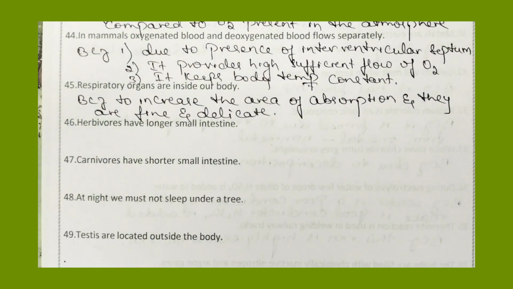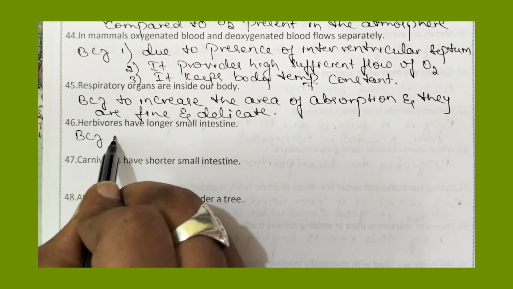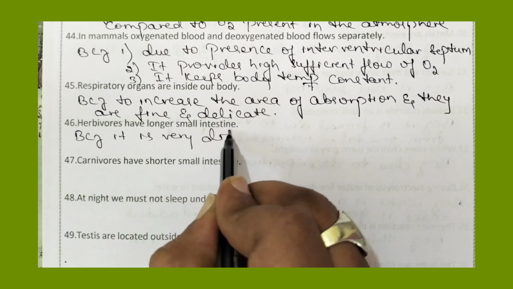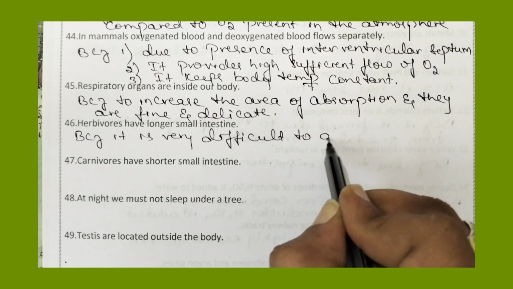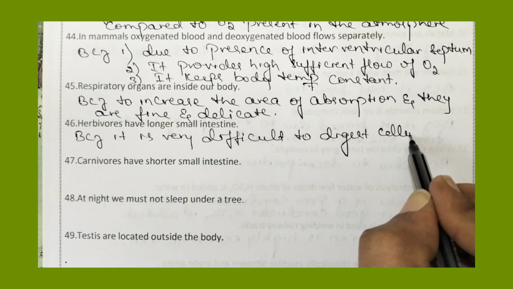Now let us move to question number 46. Herbivores have a longer small intestine because it is very difficult to digest cellulose.